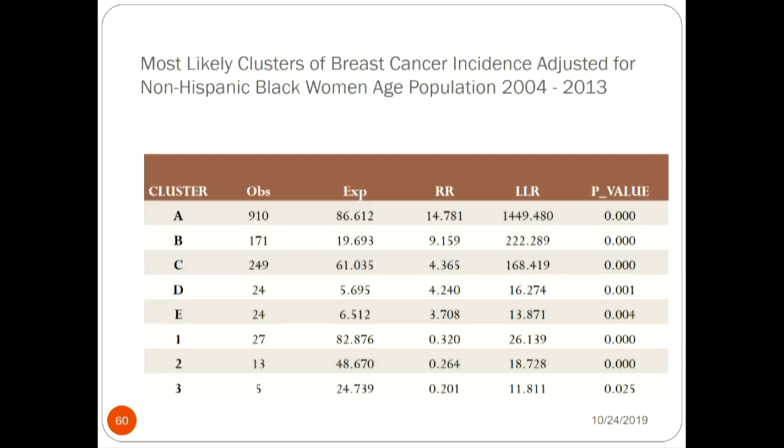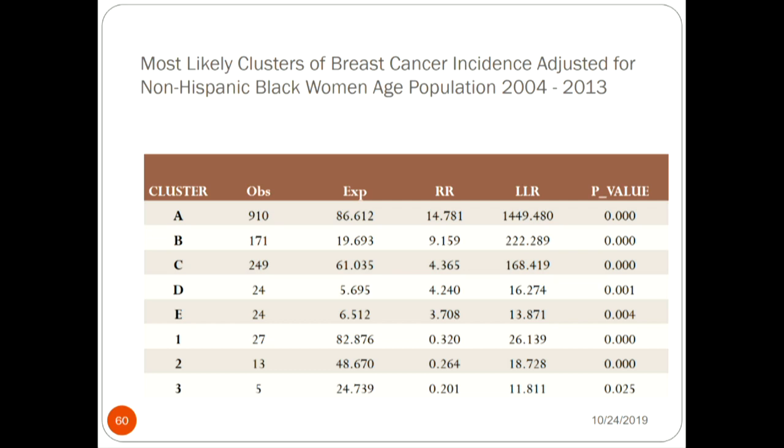Okay, now there is a problem with the use of the relative risk test adjusted for the income for the non-Hispanic Black women. The reason is that the median income is for the zip code, for the census tracts. It's aggregated by the census tracts, but it's not for the Black women population.